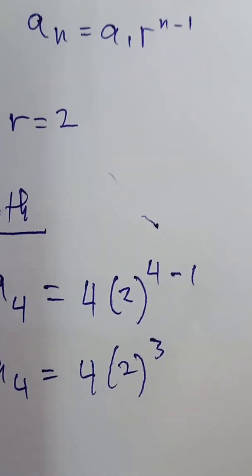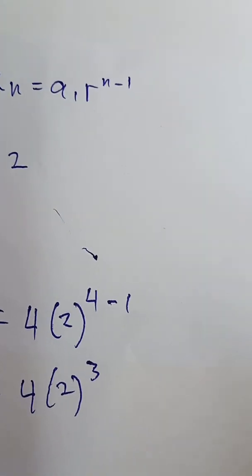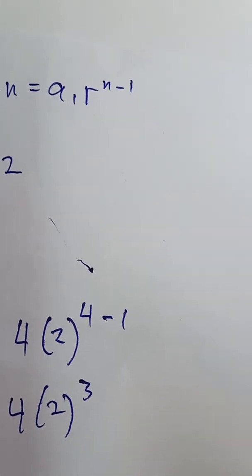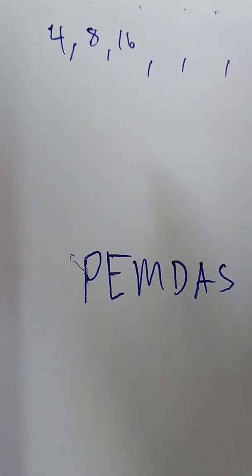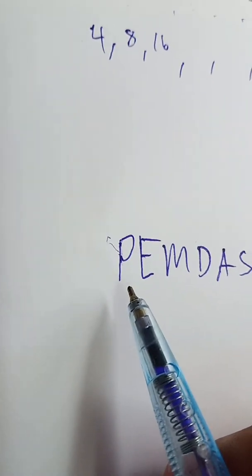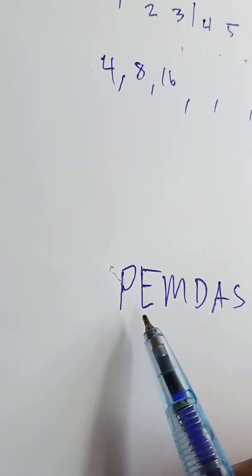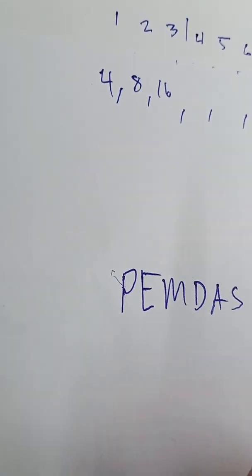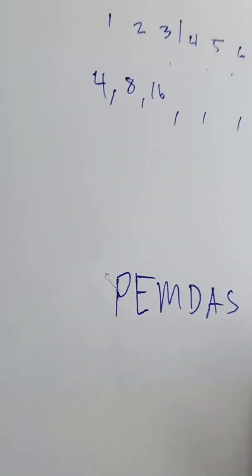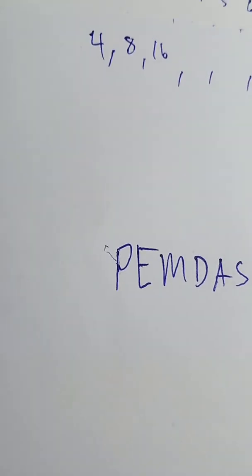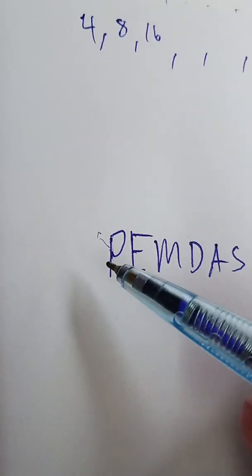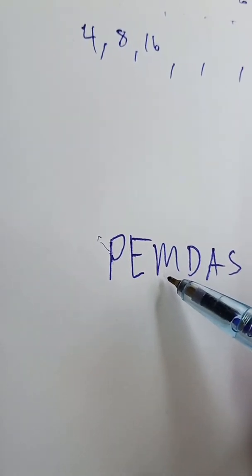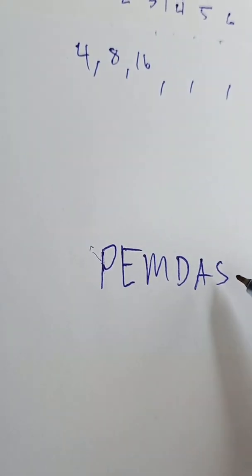Meron tayong add, subtract, multiply, division, may parenthesis, at may exponent. So, PEMDAS, ito yung rule of operation, yung kung anong operation yung uunahin mo, di ba? So P stands for parentheses, E for exponent, M for multiplication, division, addition, and subtraction.